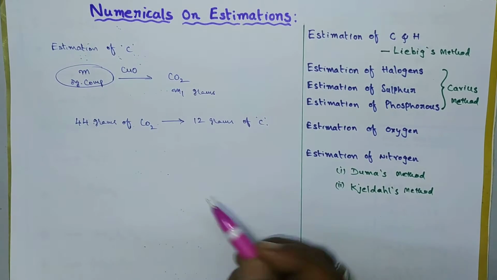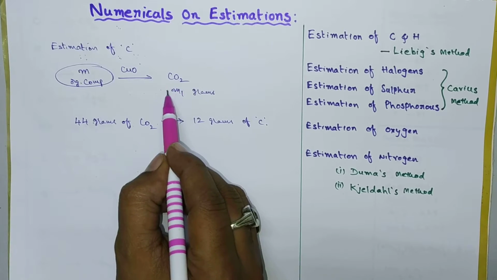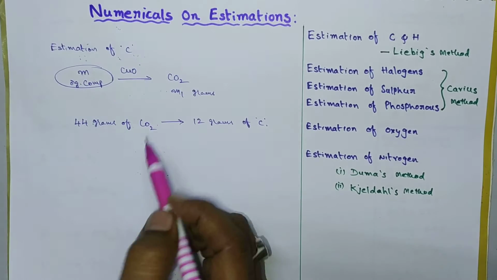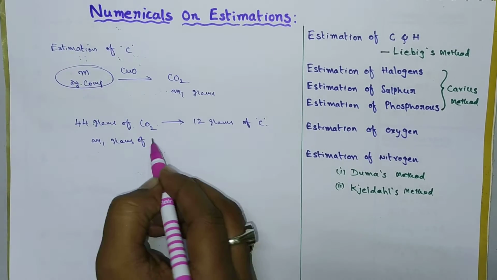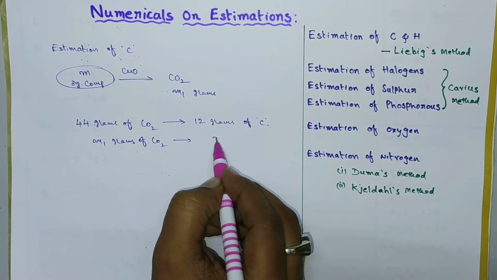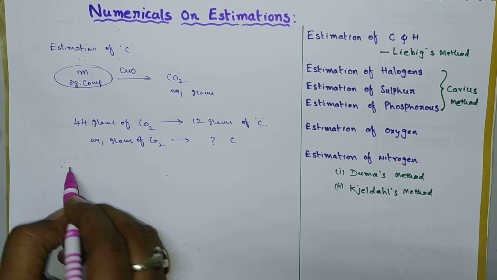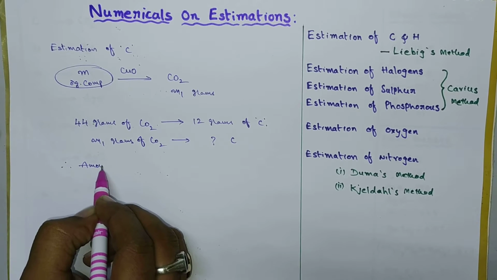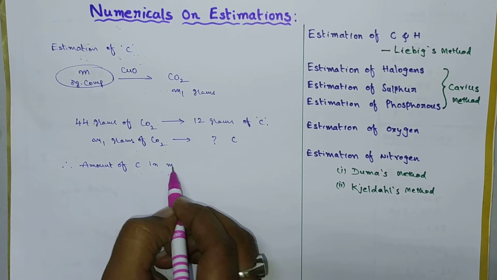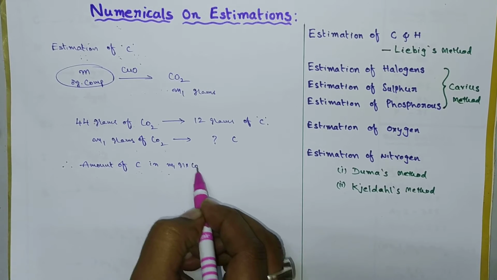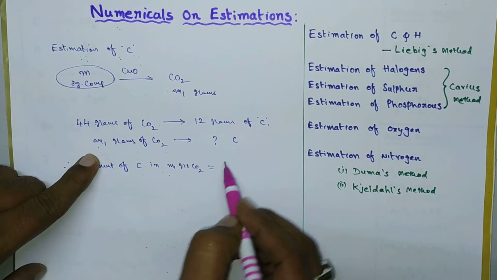Now m1 grams of carbon dioxide consists of how much carbon? By cross multiplication, the amount of carbon in m1 grams of CO2 is equal to m1 into 12 by 44.